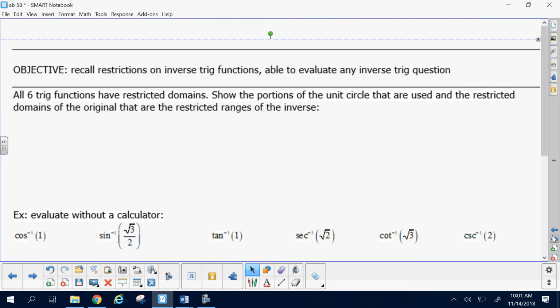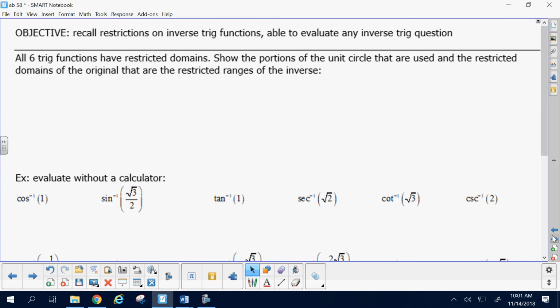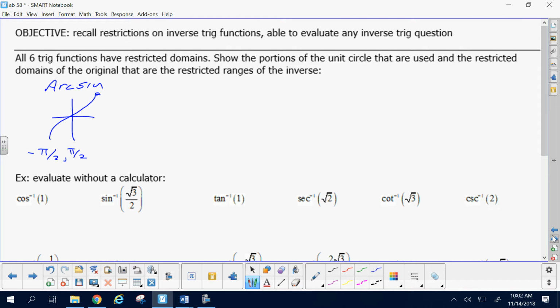Okay, last but not least, this is a pre-calc type skill. You need to remember that arc sine is only from negative pi over 2 to pi over 2 inclusive. Oh, wait, let's go unit circle, sorry.